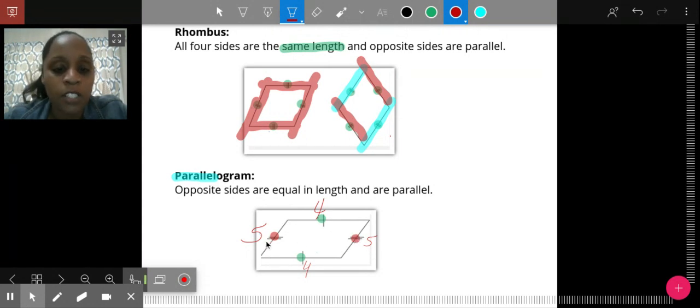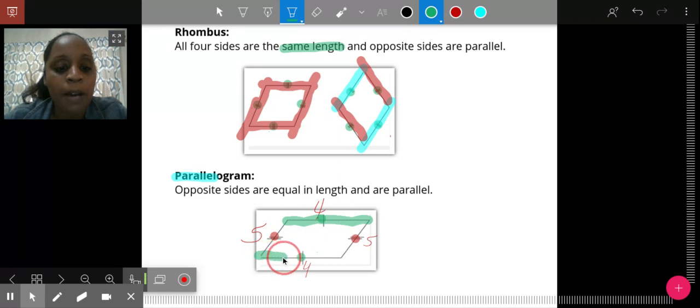Opposite sides are equal, which is different from a rhombus, because in a rhombus, all sides are equal. Not only are opposite sides equal, but you have parallel lines. How many pairs of parallel lines does a parallelogram have? A parallelogram has 2 pairs. So the top side is parallel to the bottom, right?